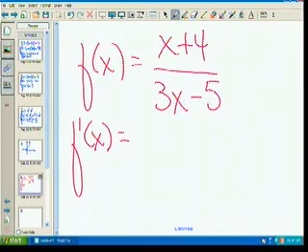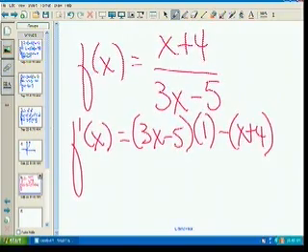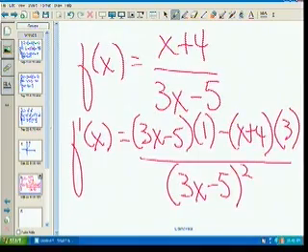Our first go around with the quotient rule. Denominator times derivative of numerator, which is 1, minus numerator times derivative of denominator, 3, all over the original denominator squared. Is that all right?